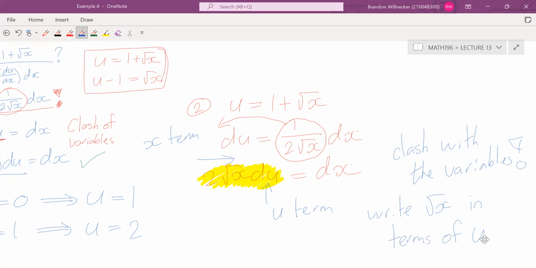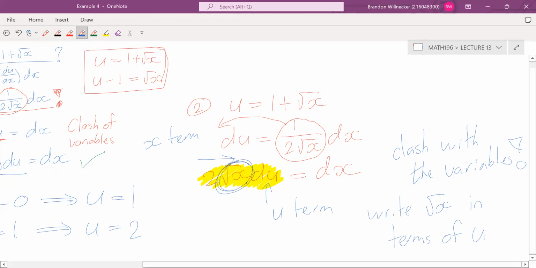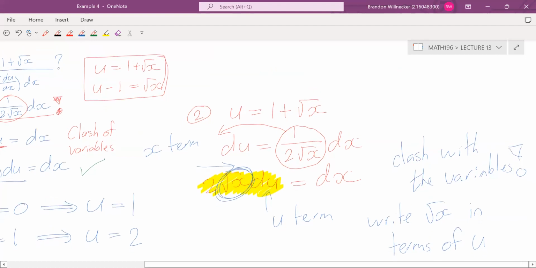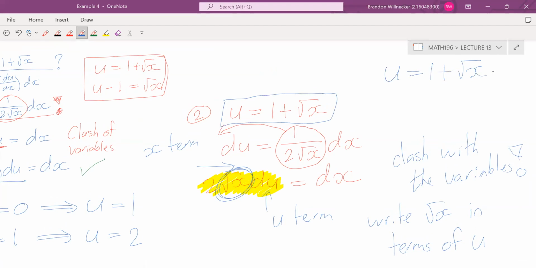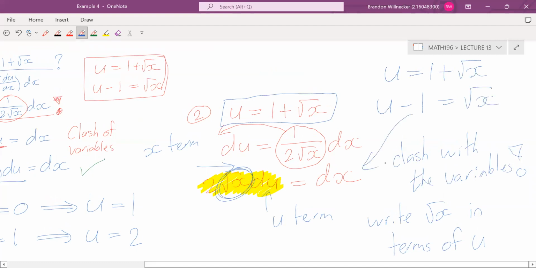So how do we fix that? So we need to find this. So we look back at our original equation here. u is equal to 1 plus root x. So if we take the 1 to the other side, we get u minus 1 is equal to root x. That's exactly what we need.